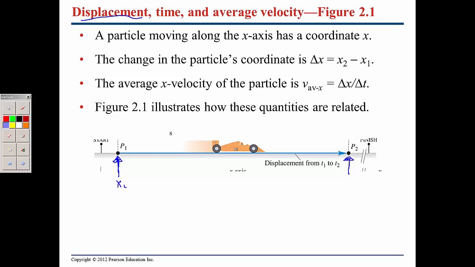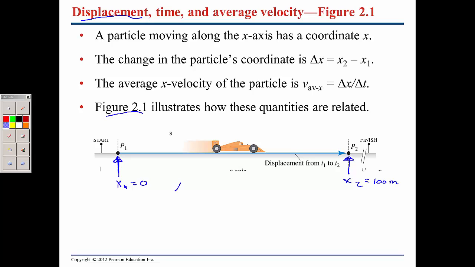I'm going to call this x1 and x2. Now, if you know how far this is, I'm going to say that this was maybe 100 meters, and I'm going to say that your starting position was 0. I'm doing this a little bit differently than figure 2.1. I'm making the numbers just a little bit easier to understand.